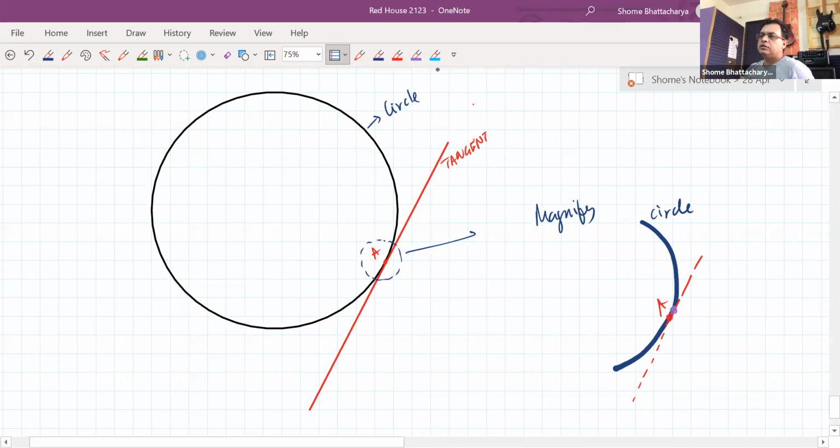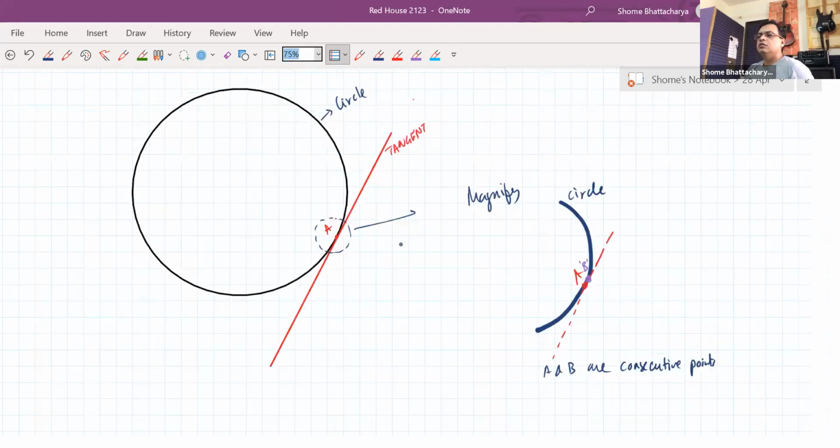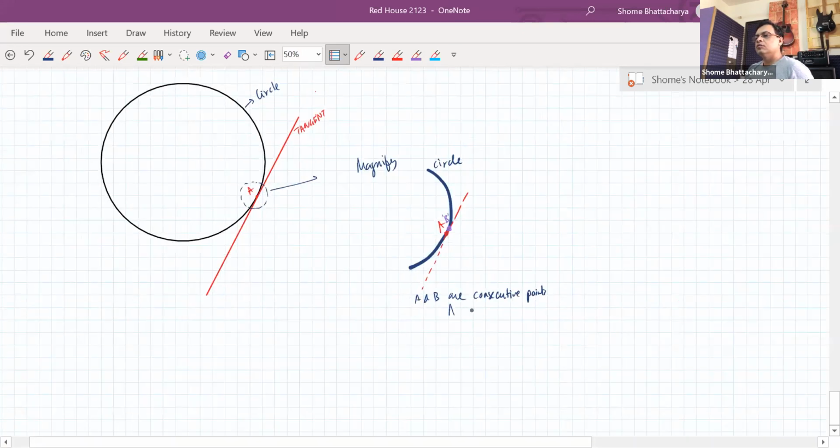You can see that A and B are two dots which are one after the other on the circle. So they are almost merging, and the tangent is the one which is joining those two.